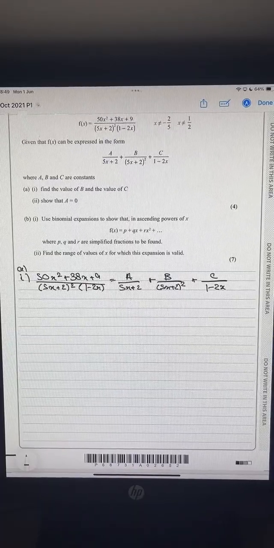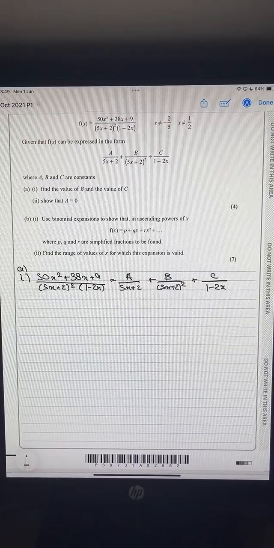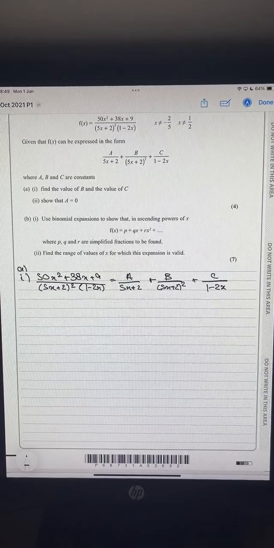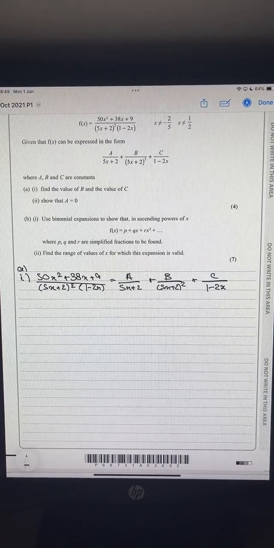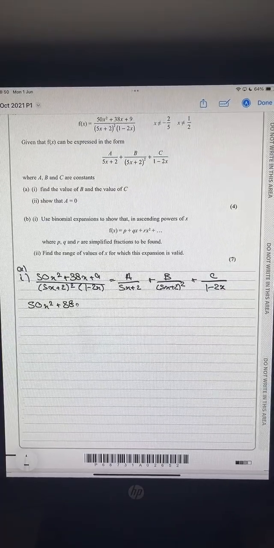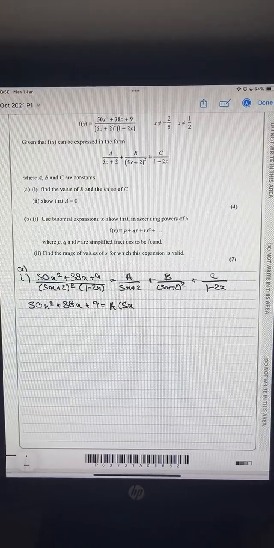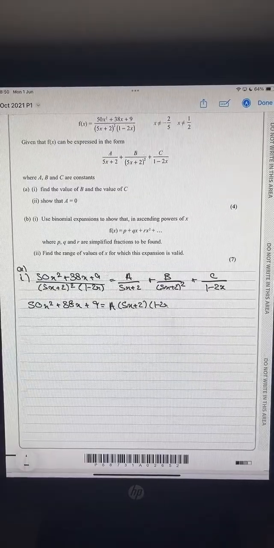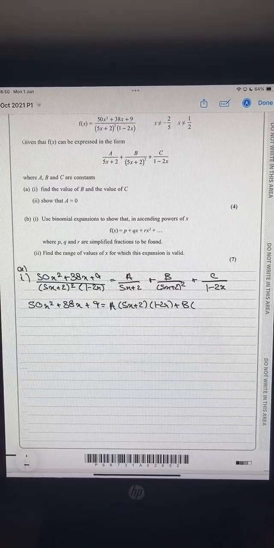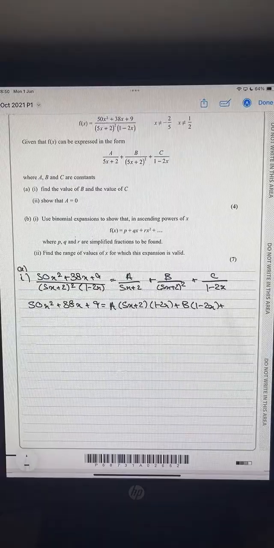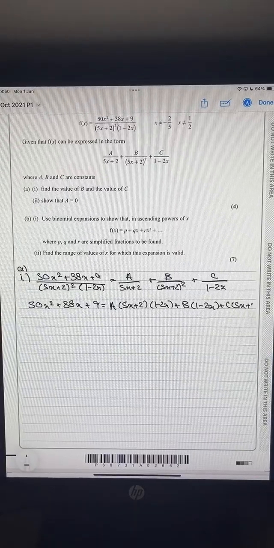So I want to get our denominators to be the same, so I can just equate the numerators and forget about it. So if I collect my terms on my right side and make all the denominators the same, and then multiply through by my denominators, I get 50x squared plus 38x plus 9 equals A multiplied by (5x plus 2)(1 minus 2x), plus B times (1 minus 2x), plus C times (5x plus 2) squared.